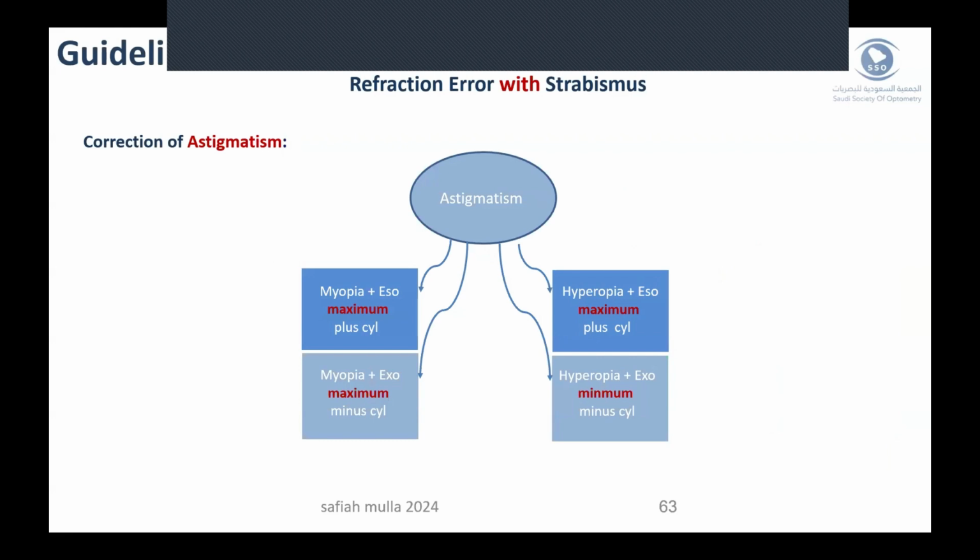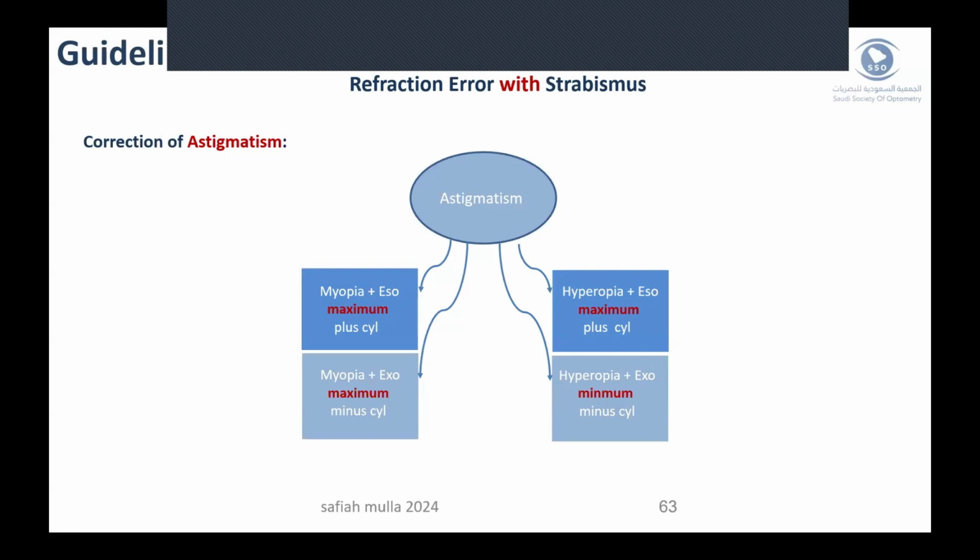If you have astigmatism with the strabismus, that's the chart for dealing with astigmatism. If the child has astigmatism and hyperopia with ISO, then you give them a maximum plus cylinder to get out of that isotropia with the hyperopia. If they have myopia plus ISO, then again maximum plus cylinder to get out of that myopia and ISO.